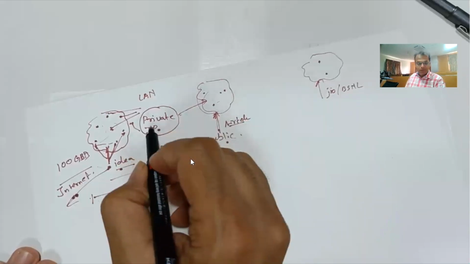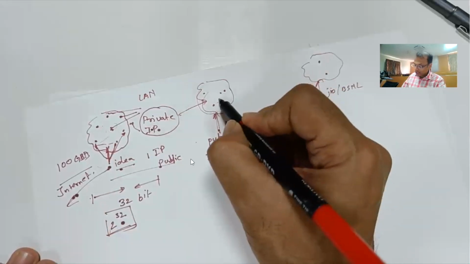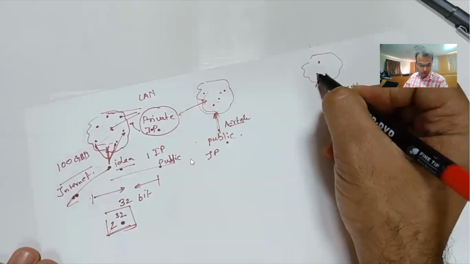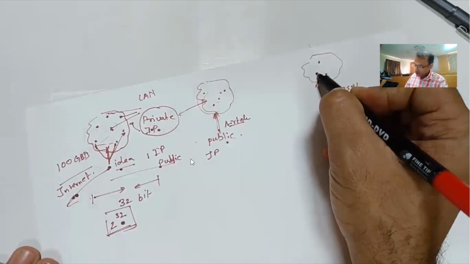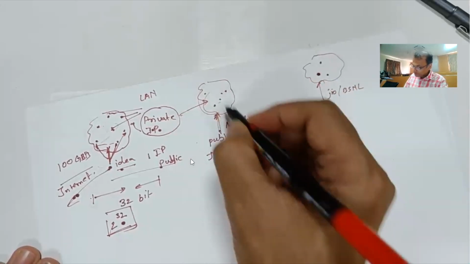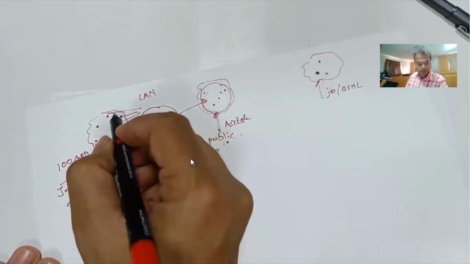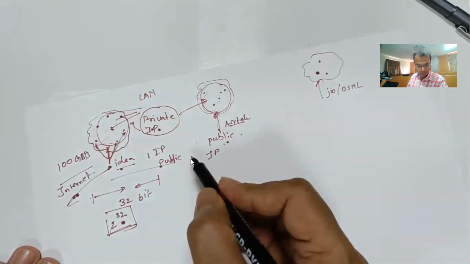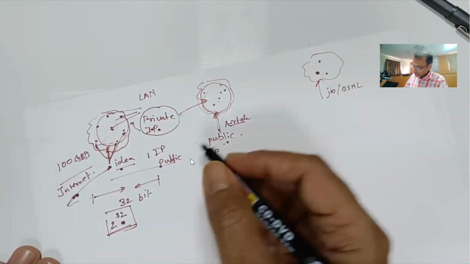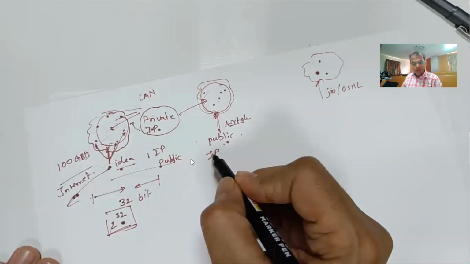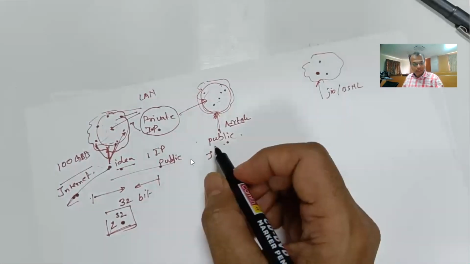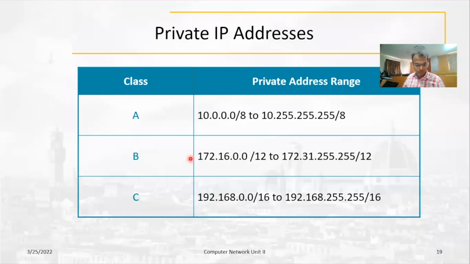So private IP addresses can be repeated in each private network, and the public IP will be the same for all the machines here. So this is the concept of public address and private address.